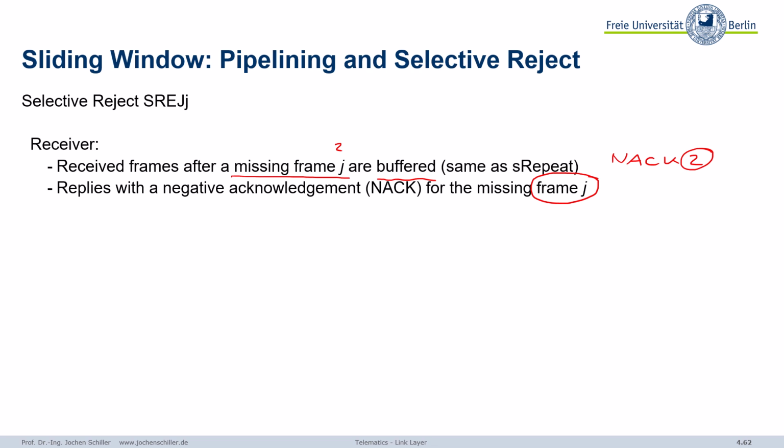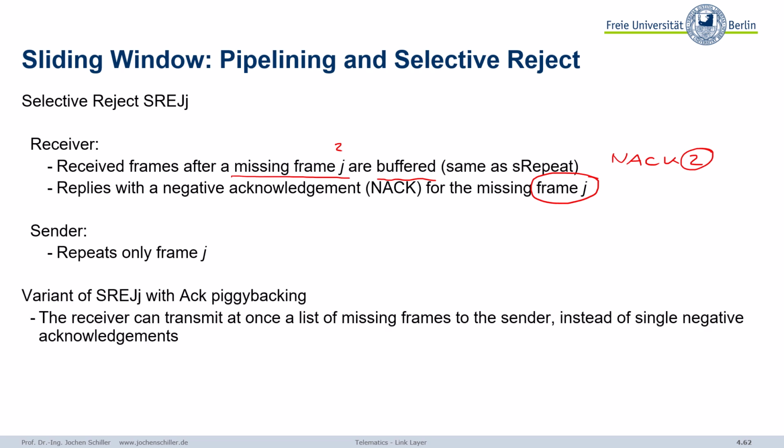I also sent 3, 4, 5, but maybe I repeat only this one. And this is then very efficient. You have to repeat the missing one, yes, but you don't have to repeat frames that already have been received. That's the idea.